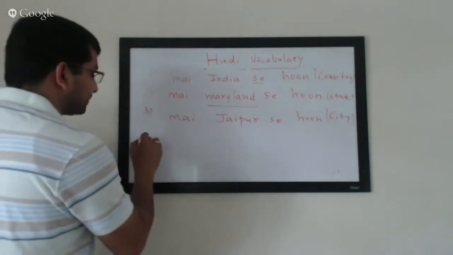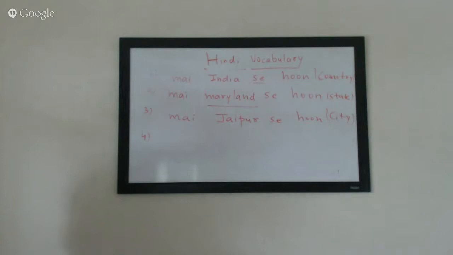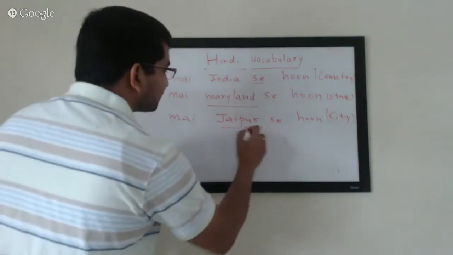I'll just take one more example just to make sure that the point is very clear here, and you'll be able to explain to anyone when somebody is asking you. Okay, let's say, what are some of the subcategories?